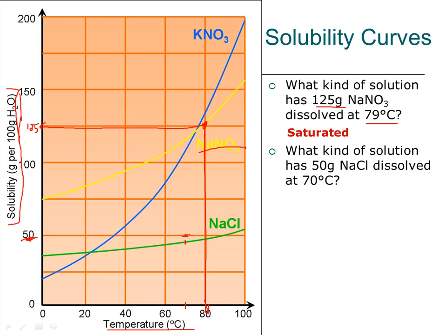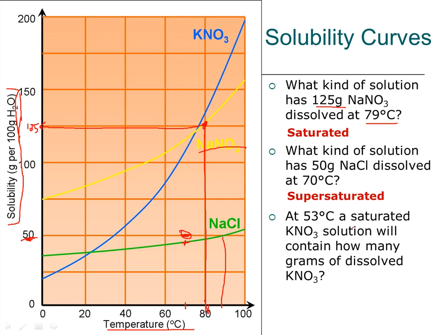So if we had it at 50 grams, we're definitely above the line at 70 degrees. So we have more solute in the solution than what the solution can hold at that given temperature. So we must have a supersaturated solution. If we wanted to put 50 grams of sodium chloride in, we'd have to increase the temperature all the way up here to 90 degrees. Then you would be able to have that amount in. That would be a saturated solution.